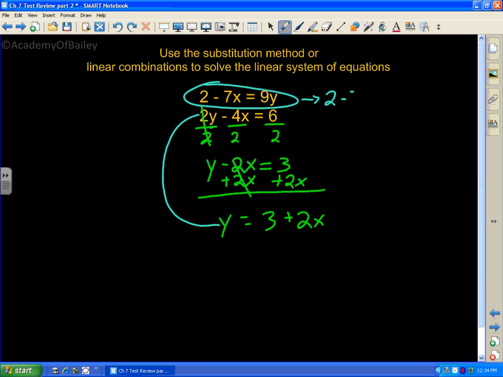2 minus 7x is equal to 9 times y, but what did we figure out y was? 3 plus 2x. And so now we just solve for x. 9 times 3 will give us 27, and 9 times 2x is going to give us 18x.